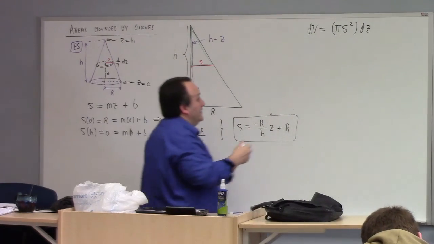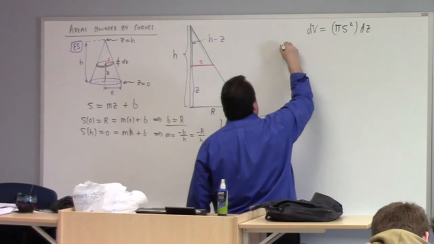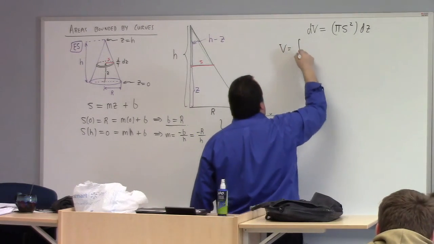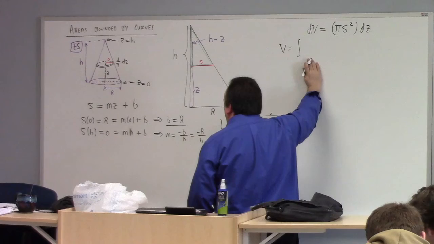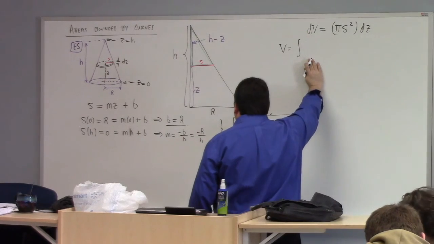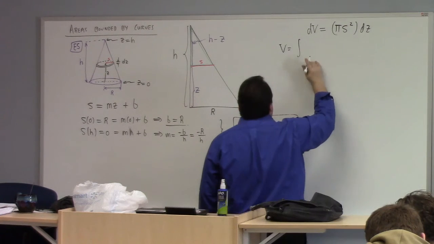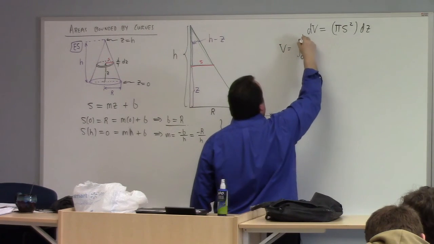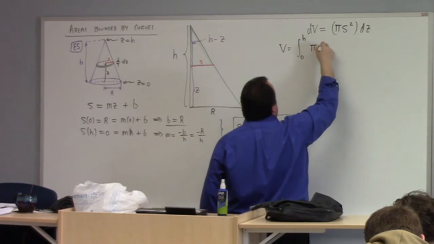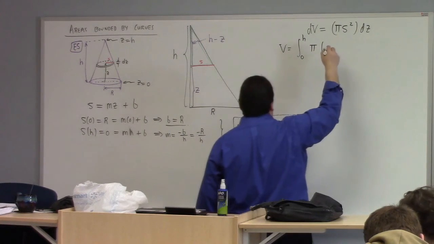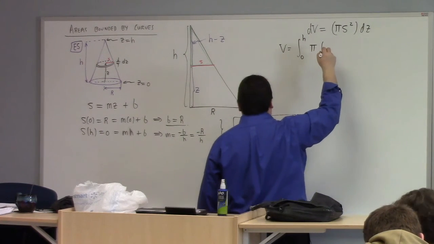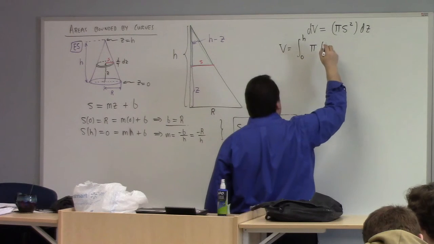And then the total volume, I integrate from 0 to h of pi. My s was, I'm going to factor an r out of that if that's okay with you guys.